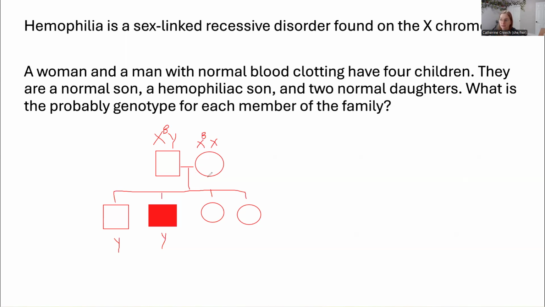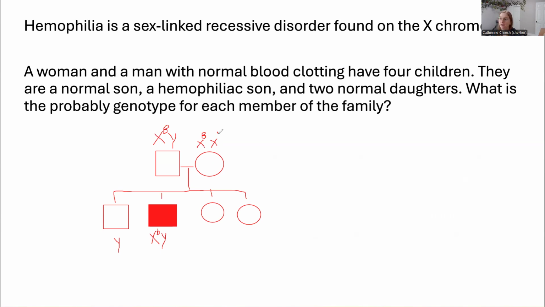Now, if we look down at her son, we know that she has an affected son. That means that the genotype of this son must be X little b. And we know that because he has hemophilia. He must have gotten this little b from mom because he got his Y from dad.